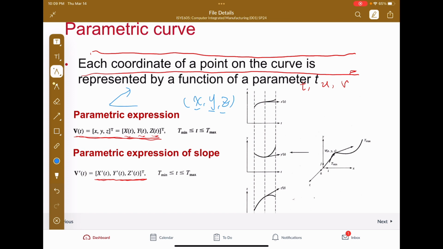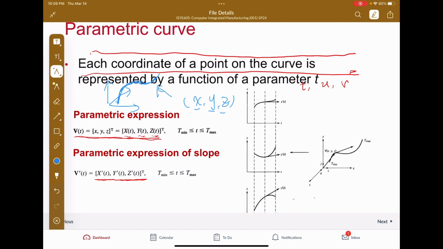For example, we have a curve, and for every point I give you the x, y, z values, so you know where the point is. Infinitely many points put together will be a curve, right? So in this way, we use x, y, and z to represent a curve.